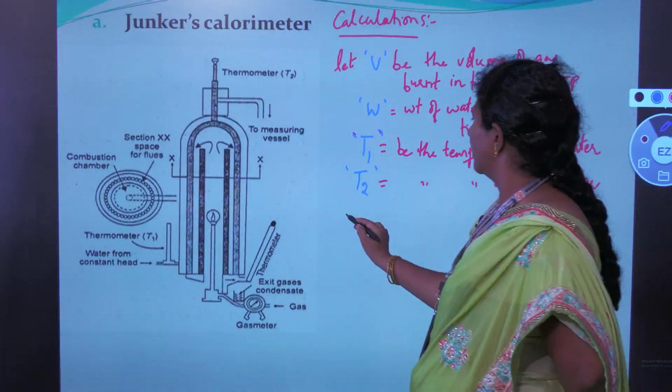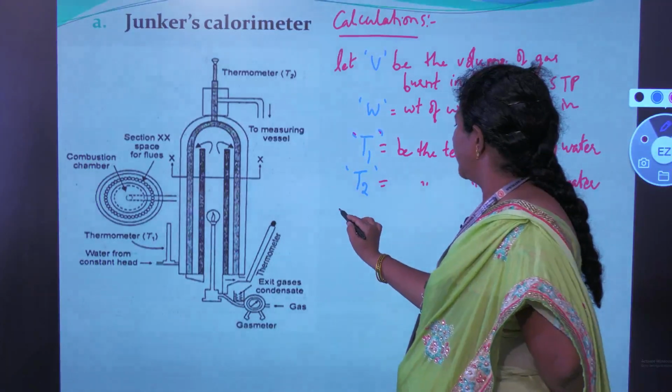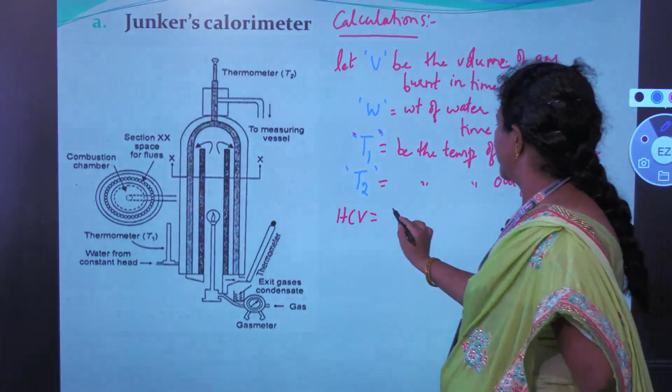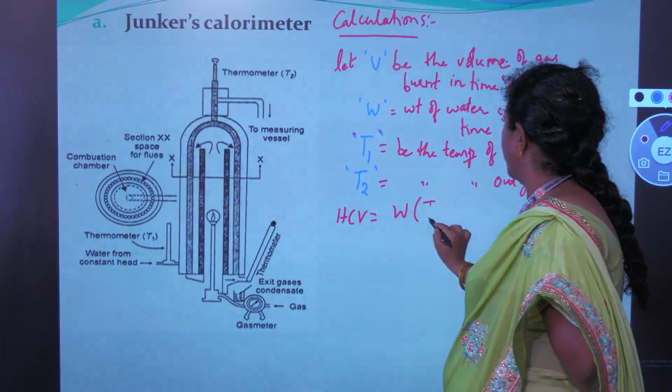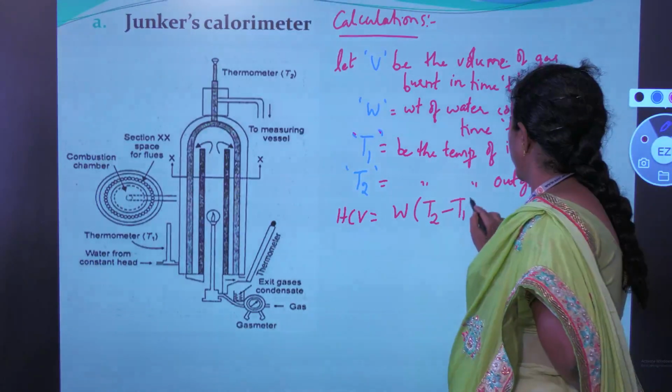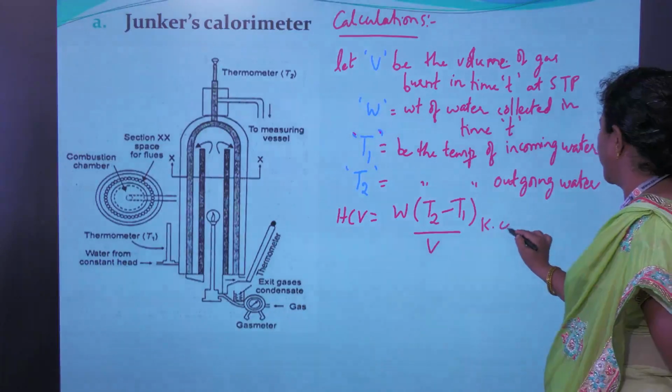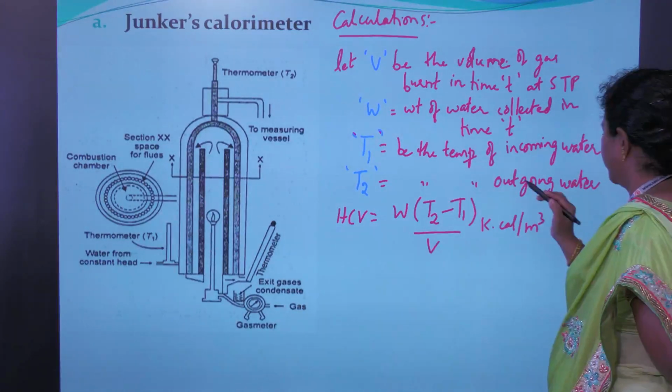From this, HCV can be calculated as HCV is equal to W into (T2 minus T1) by V kilocalorie per meter cube.